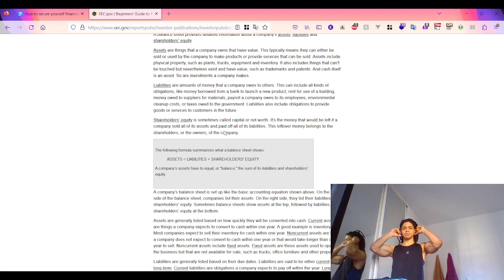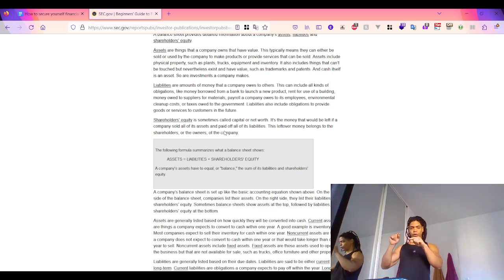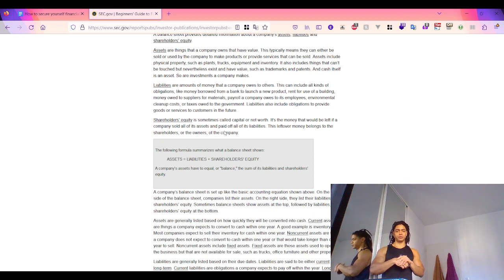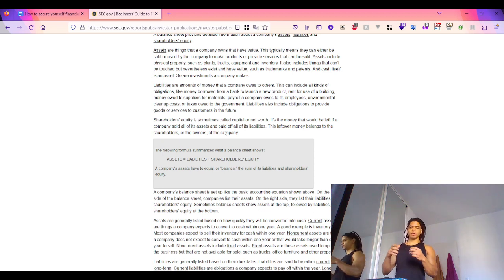Non-current assets are assets that a company doesn't expect to sell, or that will take longer than a year to sell. And also the fixed assets, which are assets that a company needs to run its business, and they are not for sale.